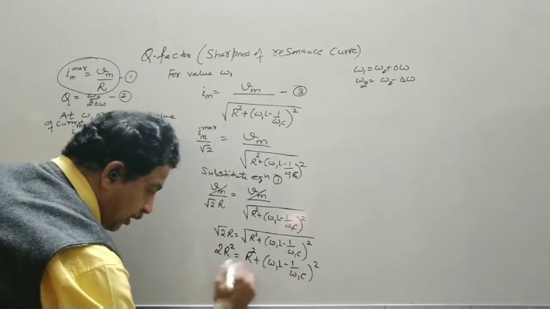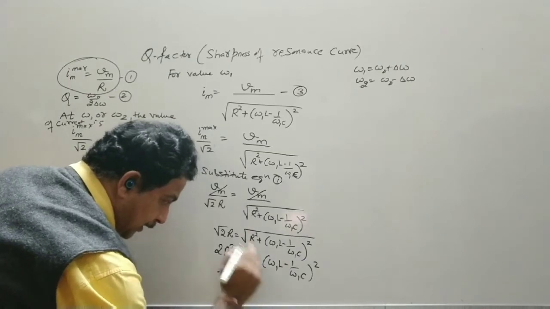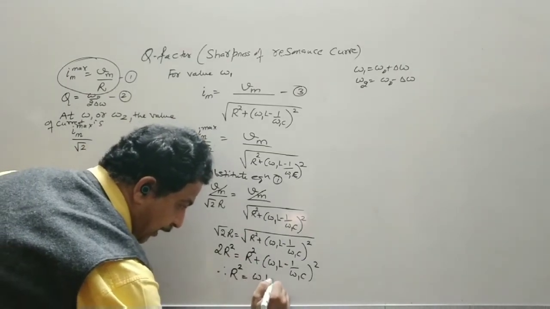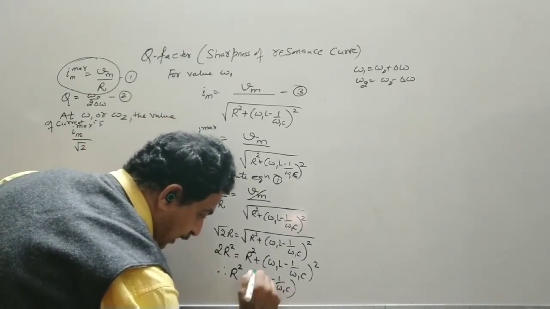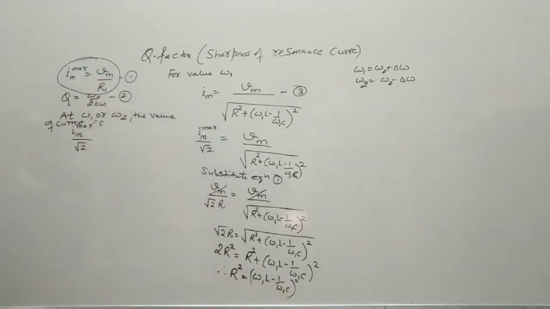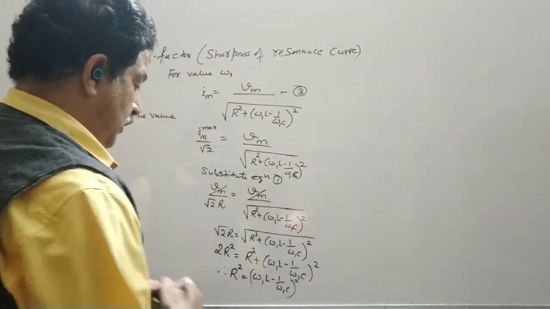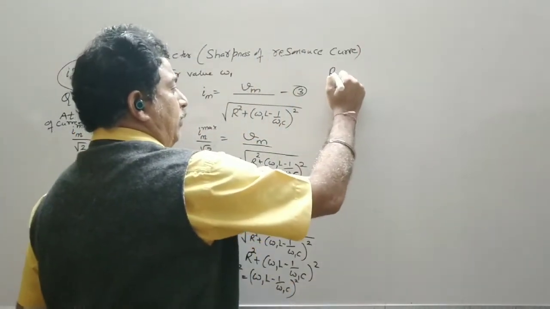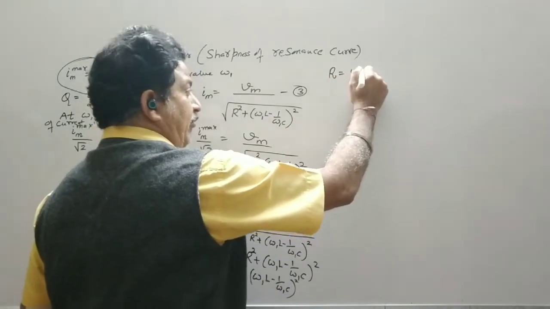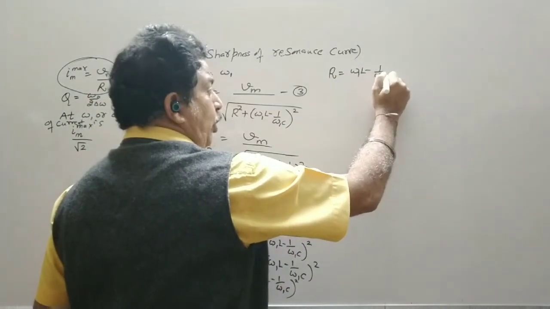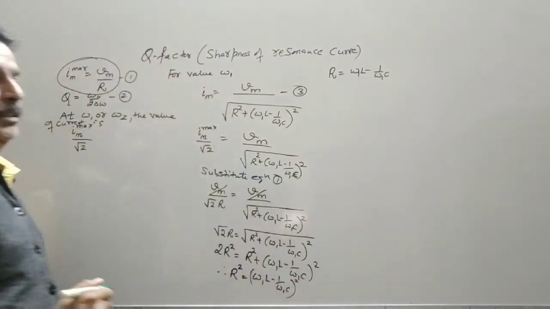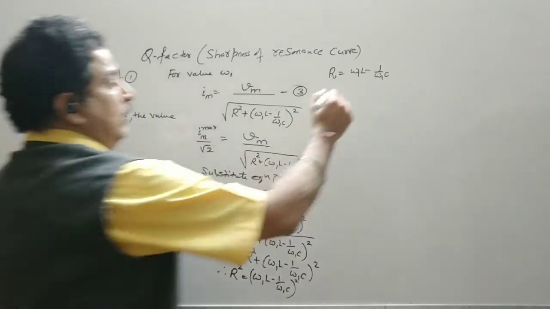And therefore, we have R square equal to omega 1 L minus 1 upon omega 1 C whole square. Now we take the root to remove this square sign. So taking the root on both sides, R comes out to be omega 1 L minus 1 upon omega 1 C. This is the value of R.